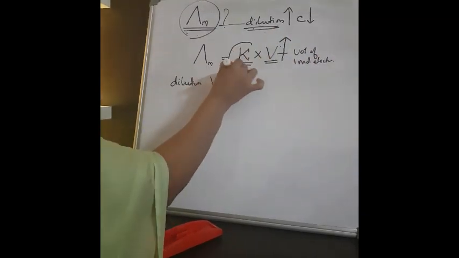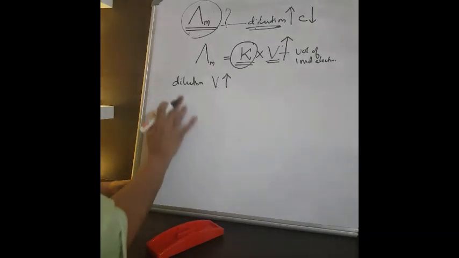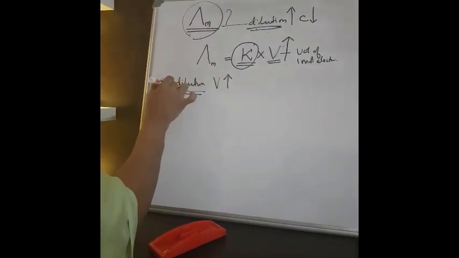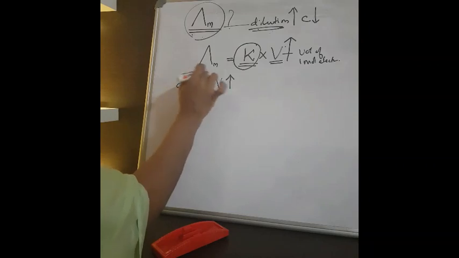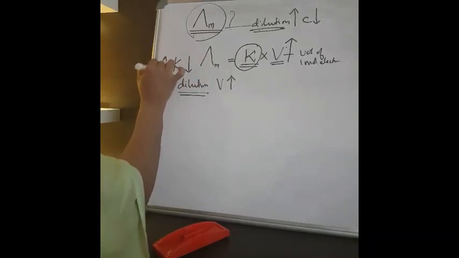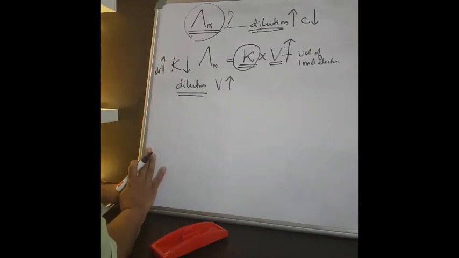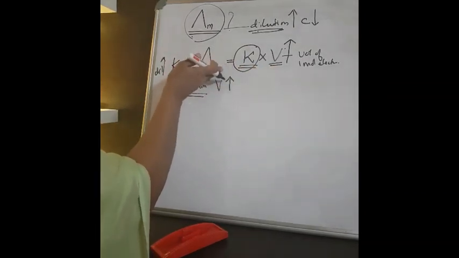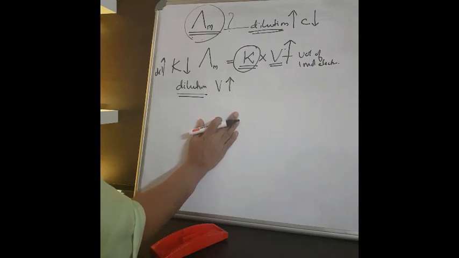But what about kappa, the conductivity? On dilution we just studied that the kappa decreases on increasing the dilution. That's also correct. Then how will you say what is the variation of this molar conductivity?